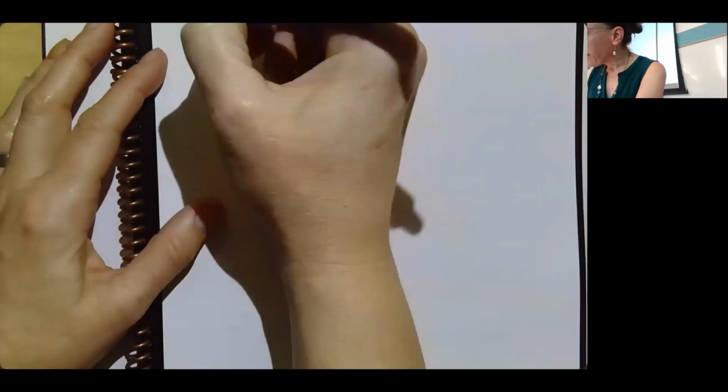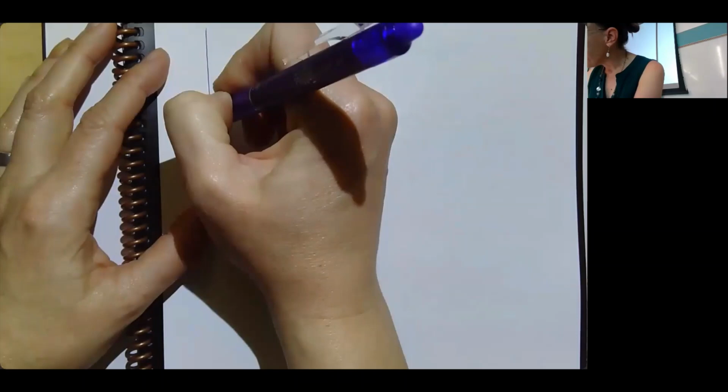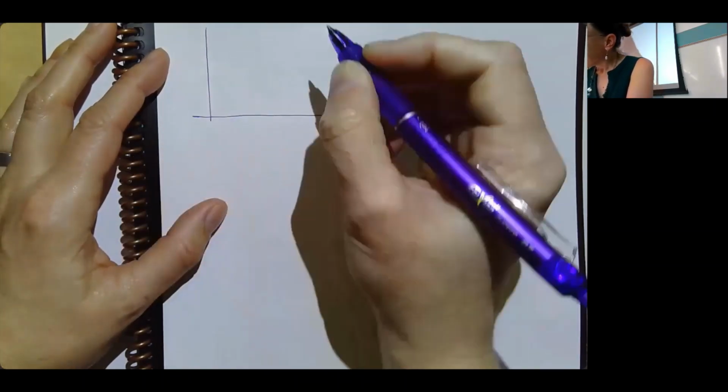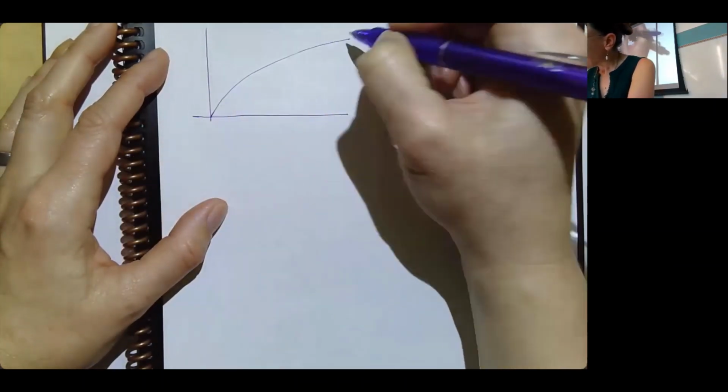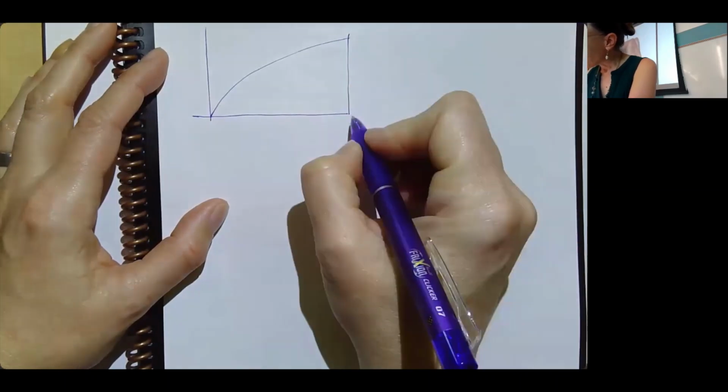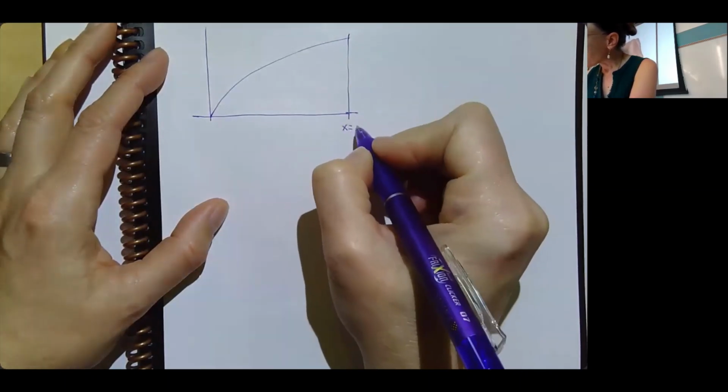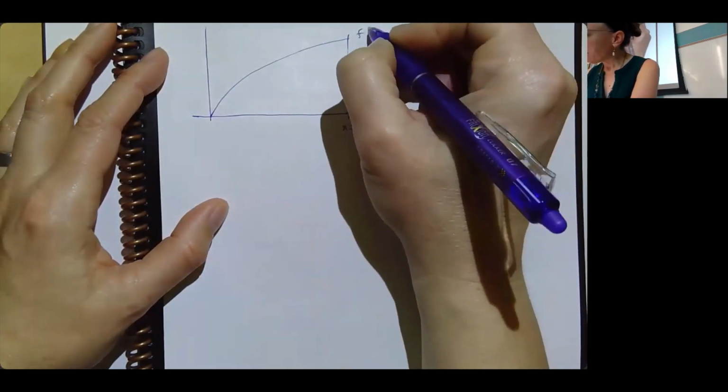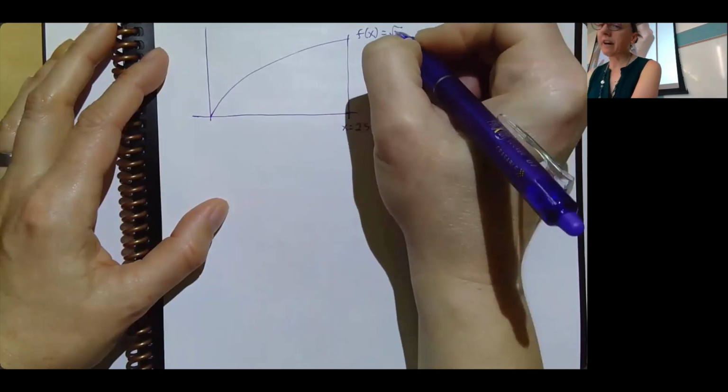Okay. So I'm going to go back and take that same picture. And it's still going to be at x equals 25. My function is still the square root of x.